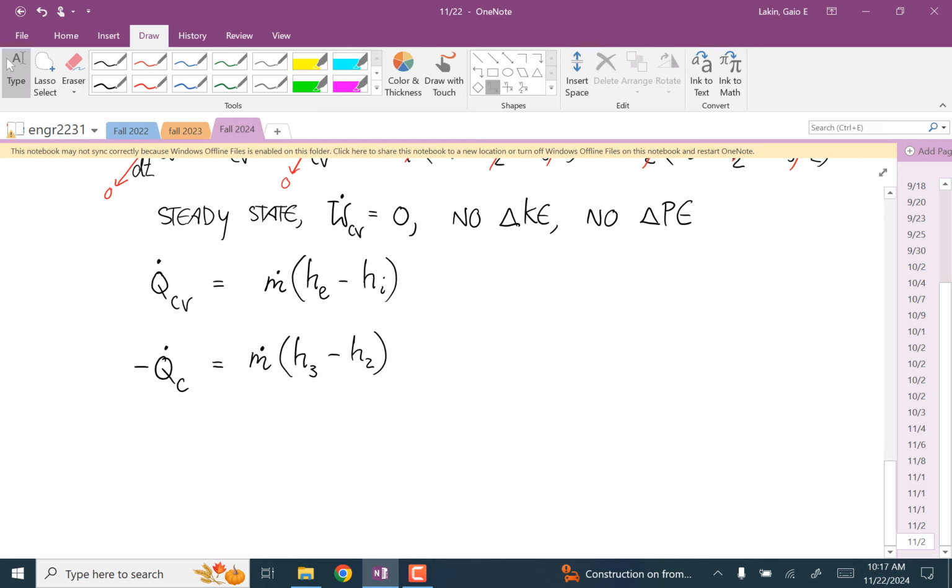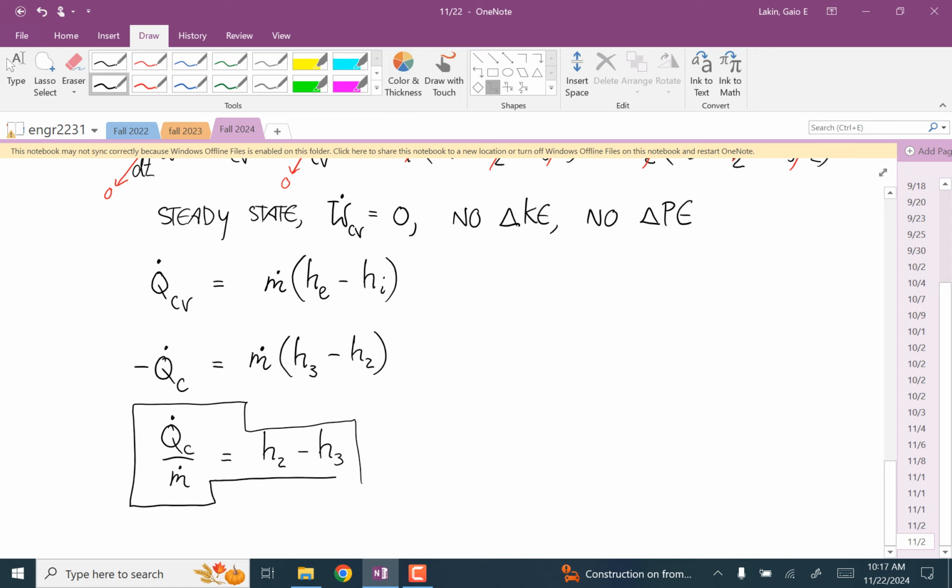And so now you could think of switching the sides again of the equation, and you get that Q_C dot over m dot is equal to h2 minus h3. Any questions about that?